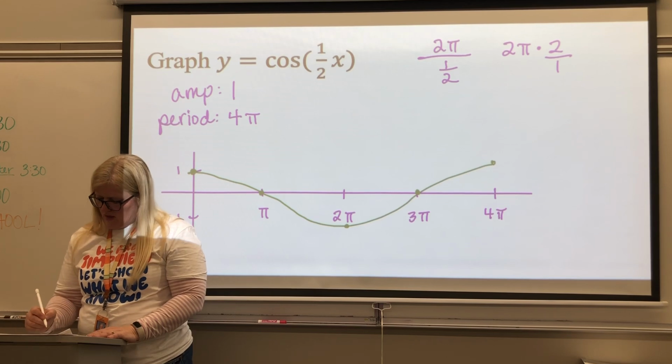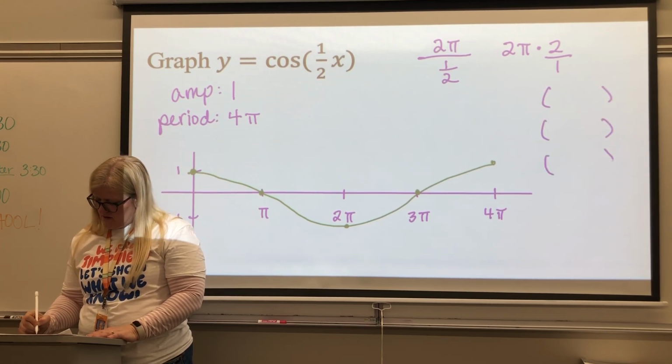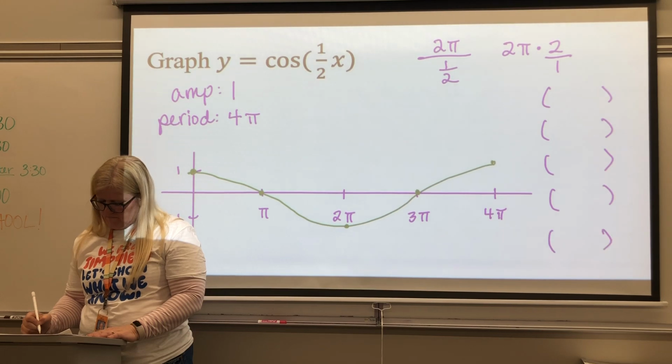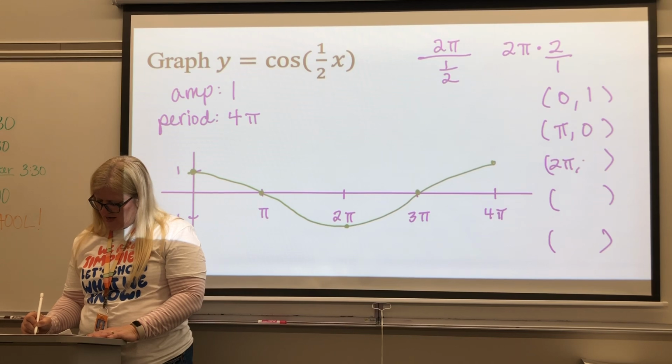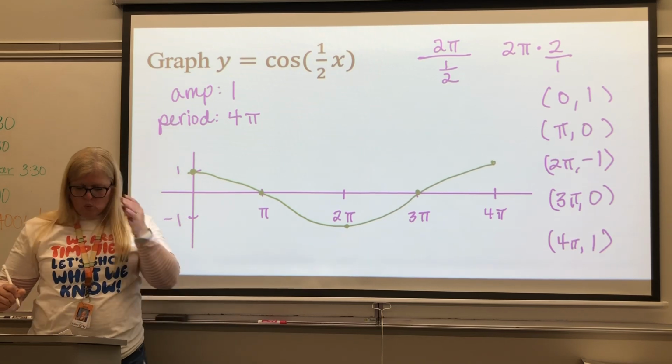Okay, then my points are 0, 1, pi, 0, 2 pi, -1, 3 pi, 0, 4 pi, 1.